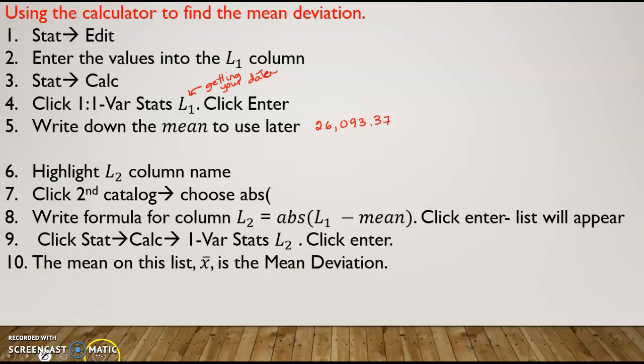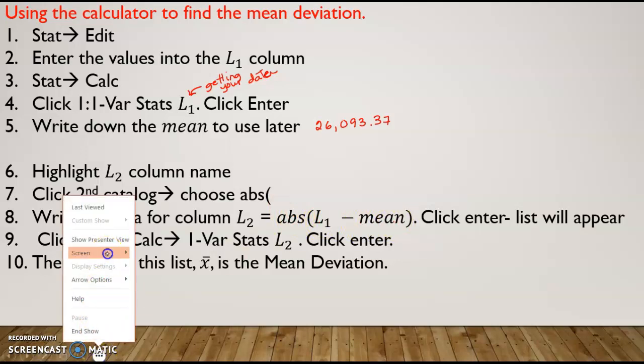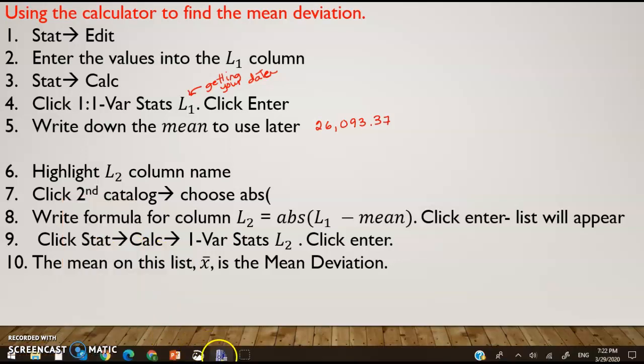Highlight your L2 name and click 2nd, Catalog. Choose absolute value of, and you write your column, L1 minus the mean. Click enter, and your list will appear.